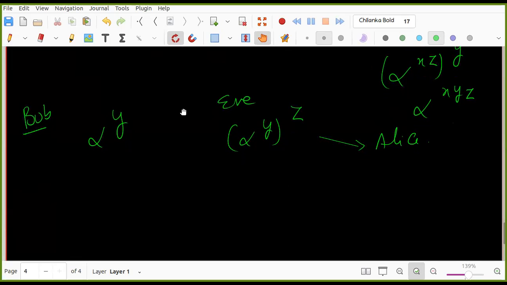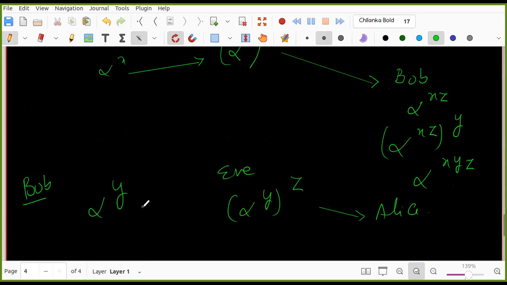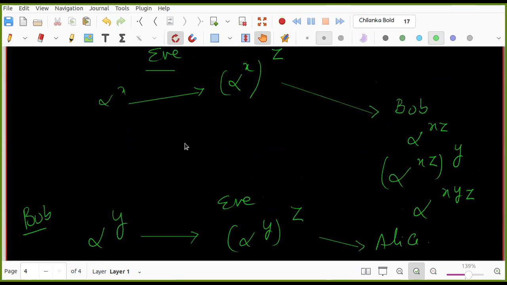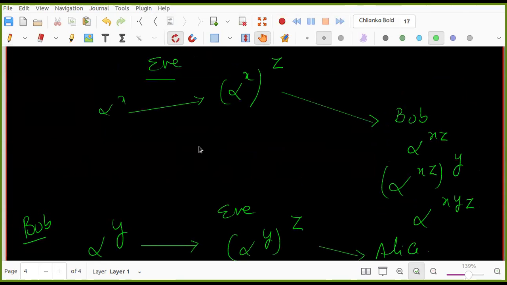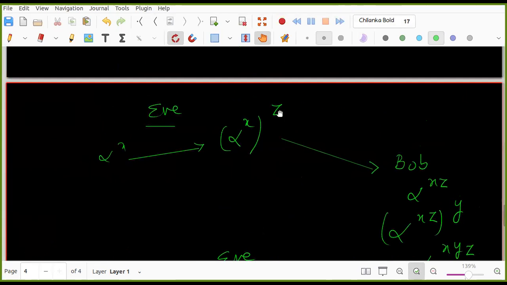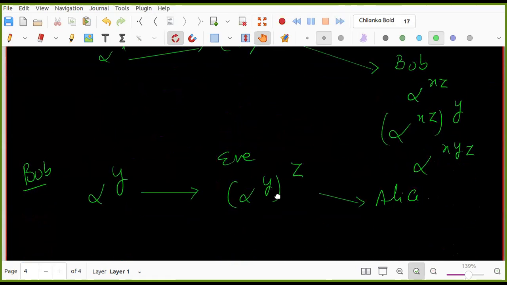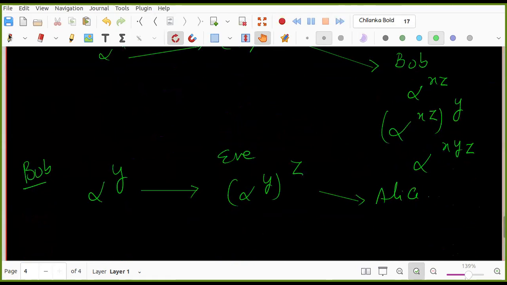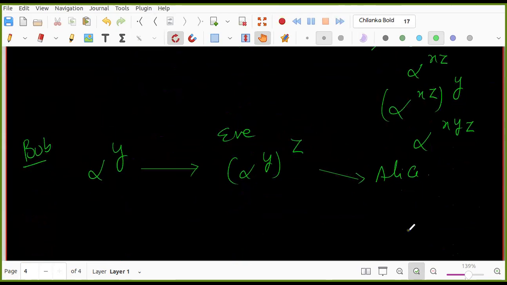Alpha power x and alpha power y are known to Alice. Now, what is Eve doing? She took some z, and alpha power x power z and alpha power y power z. Then what will Alice do now to this?